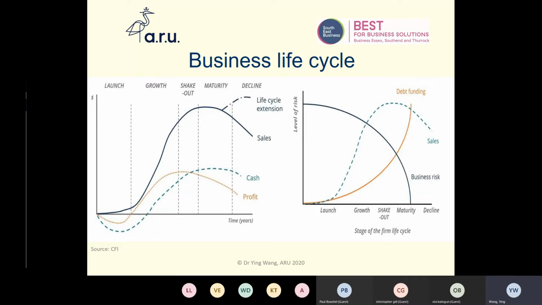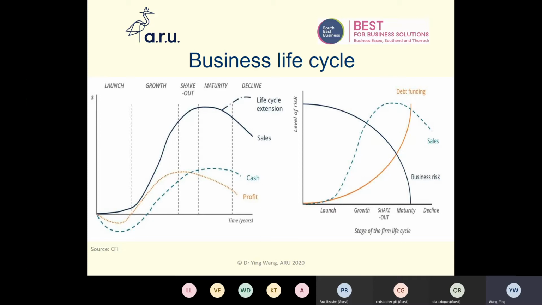If you are a startup or launching a product, what you don't have is credit. You don't have an established track record of the operation of the business, and you don't have enough cash inflow, no profit. So that's pretty much like a pre-profit stage. Therefore, at that stage, debt funding is very low.